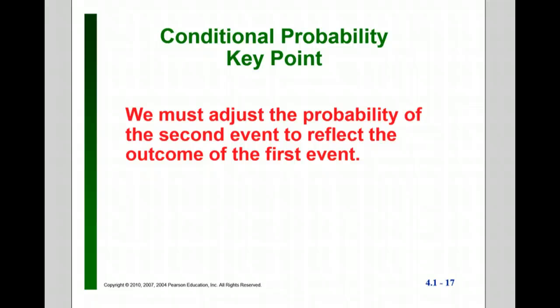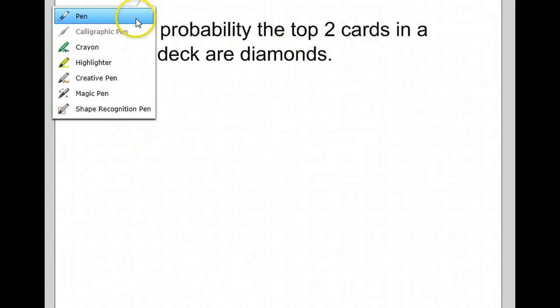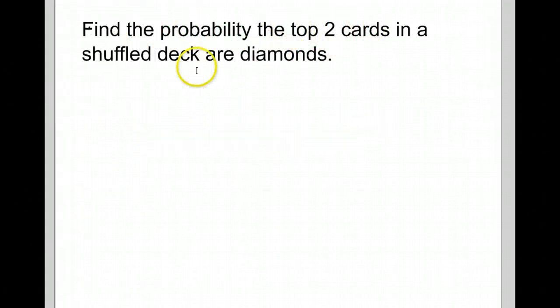Alright, now key point here, we must adjust the probability of the second event to reflect the outcome of the first event if they are dependent on one another. So if the second event changes based on what happens with the first event, then we do have to make an adjustment to that second event's probability. So for example, find the probability that the top 2 cards in a shuffled deck are diamonds.